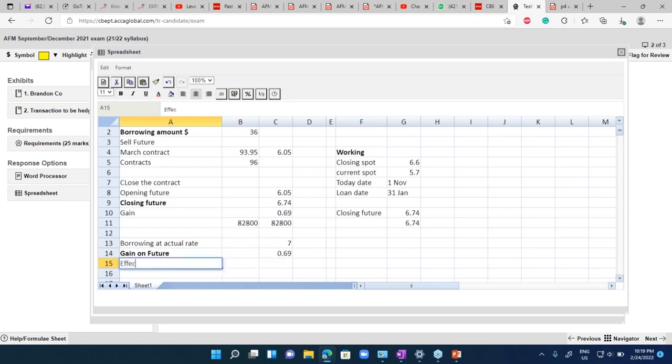So effective cost will be 6.31. Obviously, you can convert into the absolute amount. Loan amount is 36 million into interest rate 7% into 4 by 12. This is the absolute amount.